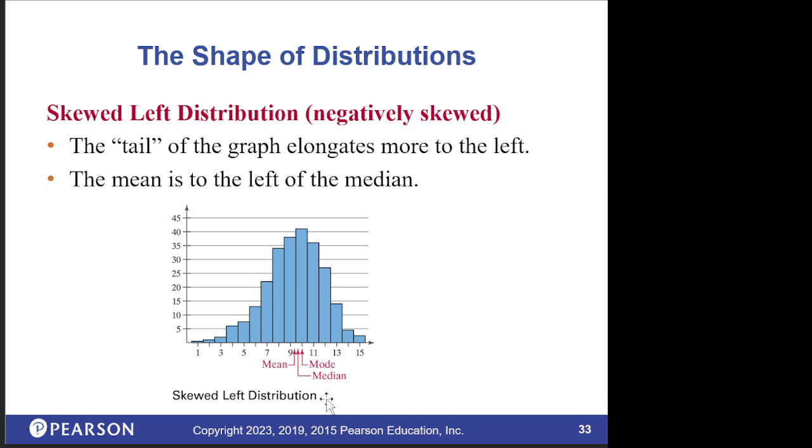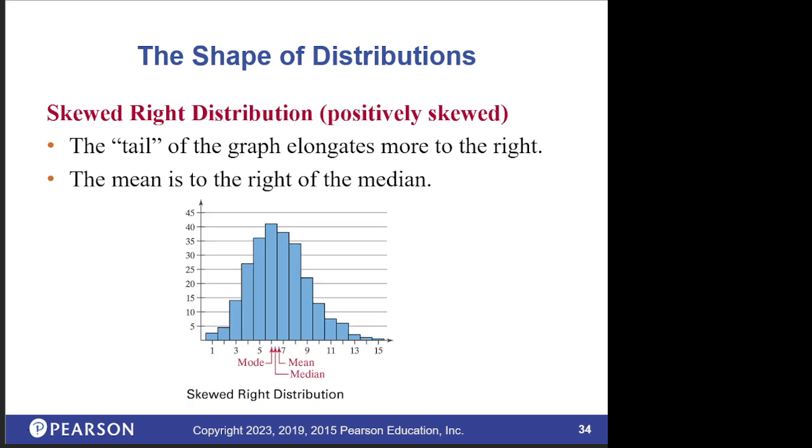And so we generally say in a skewed left distribution, the median is greater than the mean. I tend to reference by the mean. I'll say the mean is less than the median. Either or, we see that the mean is going left, which means it's smaller in value than the median, and the mode is being pulled to the right, so it's larger value than the median.